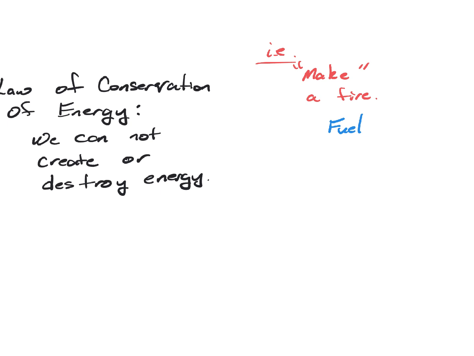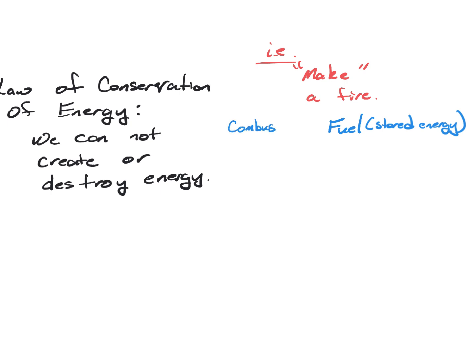So that's fuel. Fuel has energy. It has stored energy. It's very stable, relatively stable. So how do we release it? Well, in order to release it, we call this chemical reaction a combustion reaction.